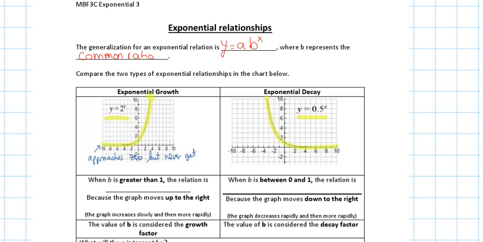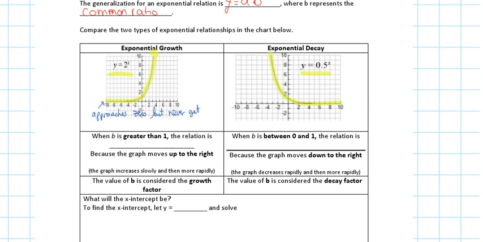So when your base is greater than 1, the relation is an exponential growth. When your base is between 0 and 1, the relation is an exponential decay.